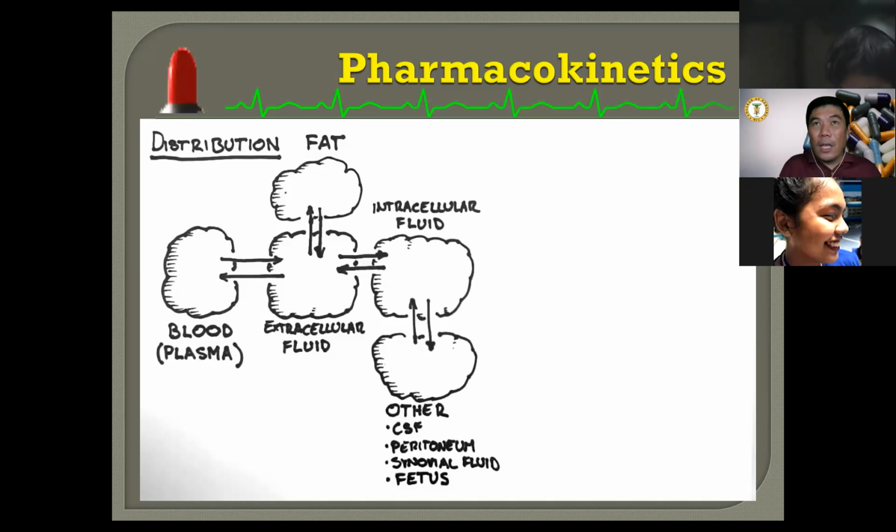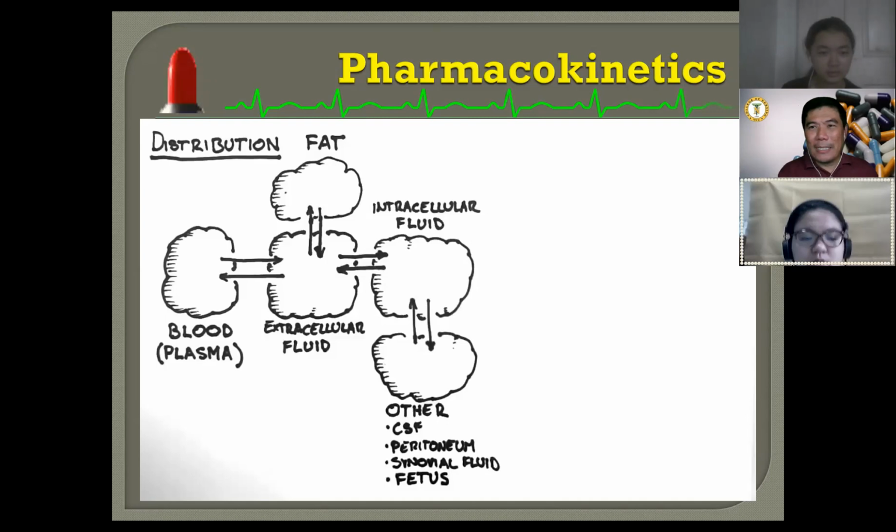If you can remember your learning in anatomy and physiology, and even in chemistry, we have what we call anion and cation. Which of the two, cation and anion, is considered a positively charged electrolyte?